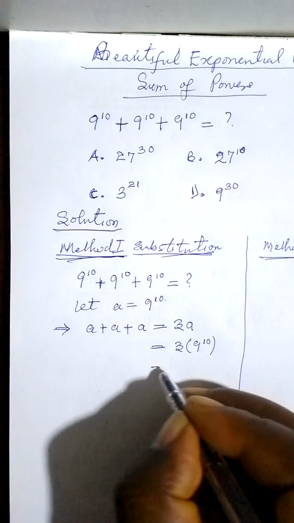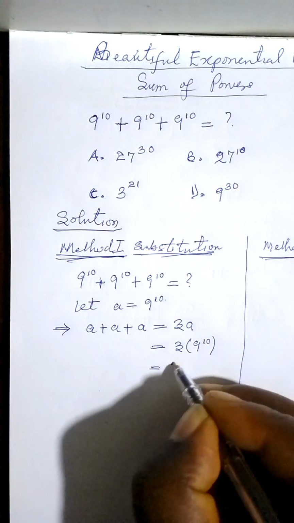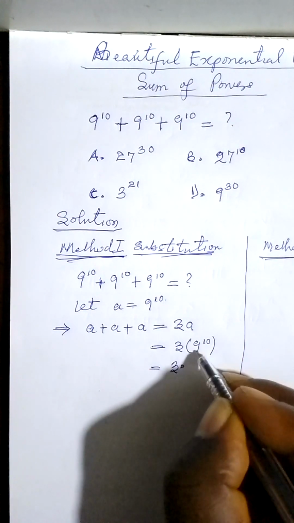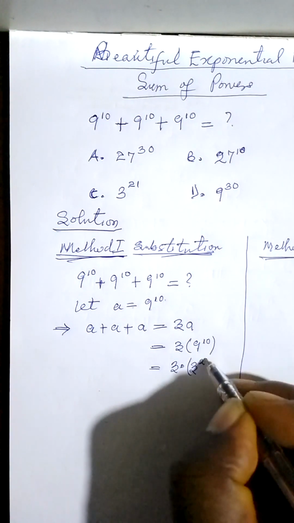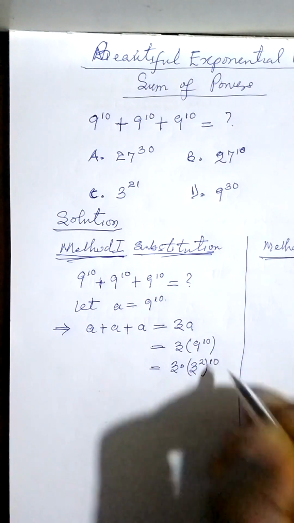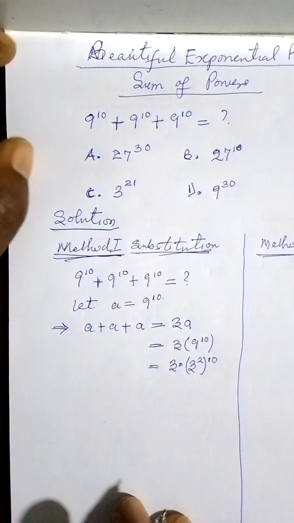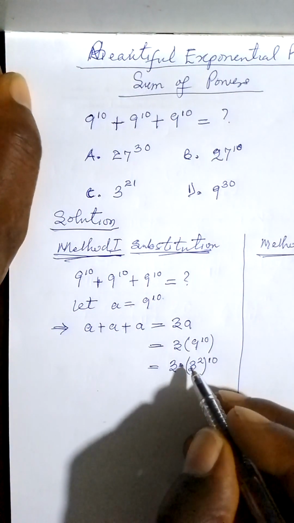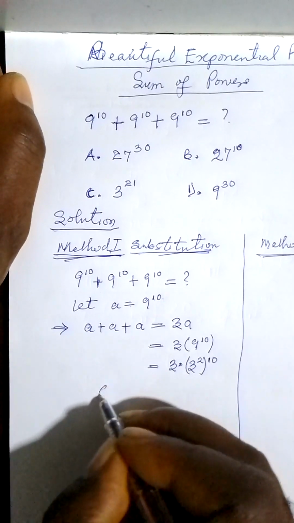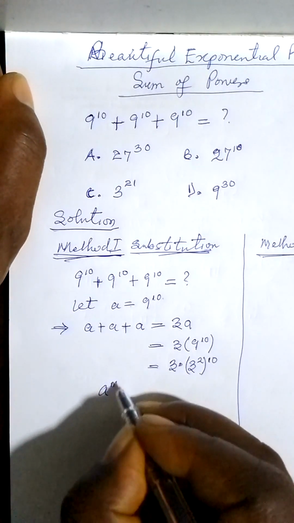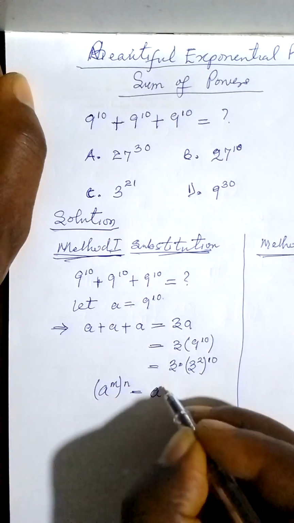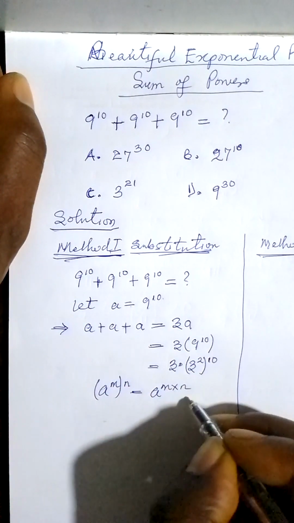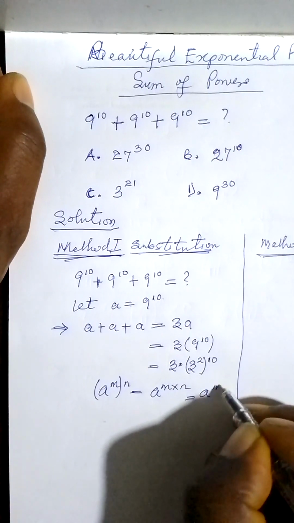Okay, so in the next line, we have 3 times. Now I'm going to write this 9 as 3 to the power of 2, all to the power of 10. Now there is an exponential rule that we're going to be using here. If I have a to the power of m all to the power of n, then it's going to be a to the power of m times n, which will give us a to the power of mn.